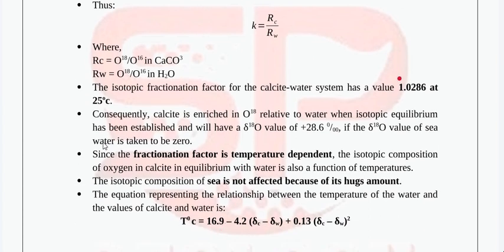So this value is 1.0286 at 25 degrees centigrade, for R CaCO3 and R water.